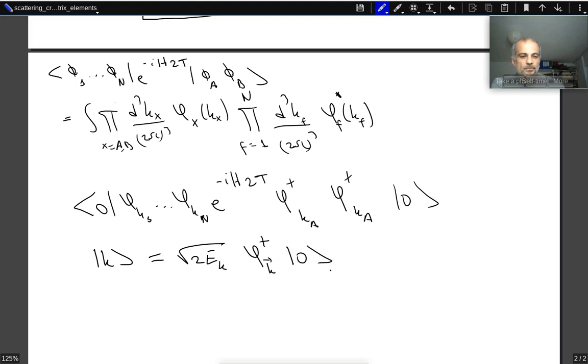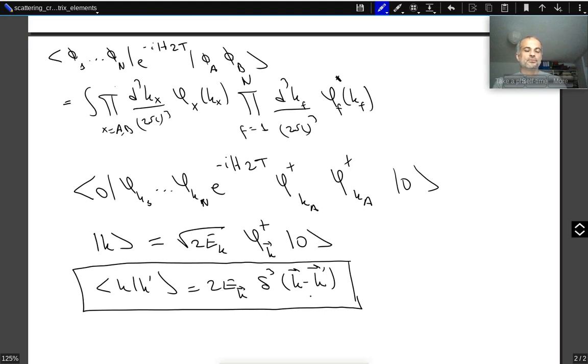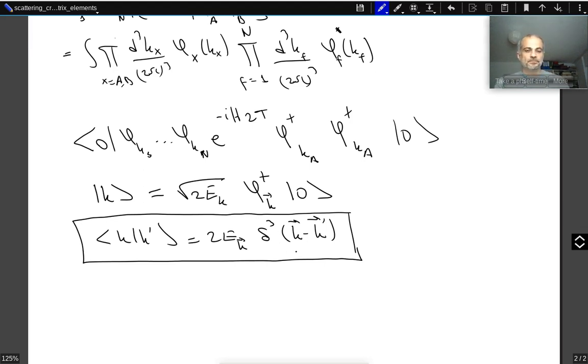Now the reason why we define this square root of 2 E k is such that k with k prime is now 2 E k Dirac delta cubed of k minus k prime. So this form is valid in every reference frame. Even if you change your reference frame, this form will still stay as it is.